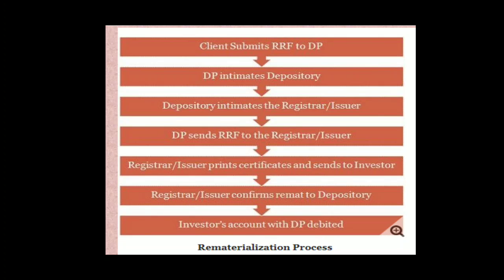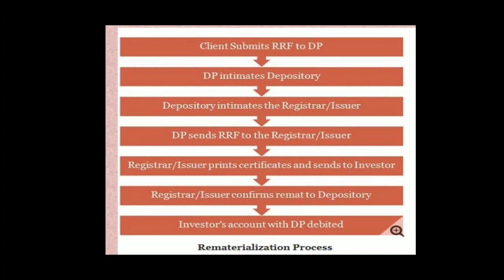Because when you went for dematerialization, the documents needed to be verified and you had to submit your physical share certificates, and when they were converted into electronic mode, they did not give you back the paper; they just struck it off. So now they have to print a new share certificate, because you want it in physical form again, and the registrar or issuer will print the certificate and send it to the investor.